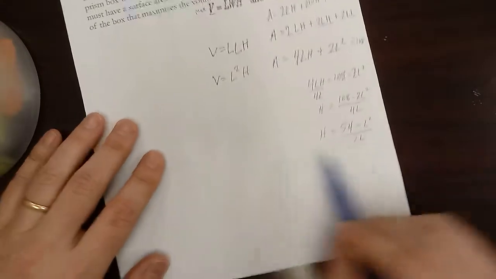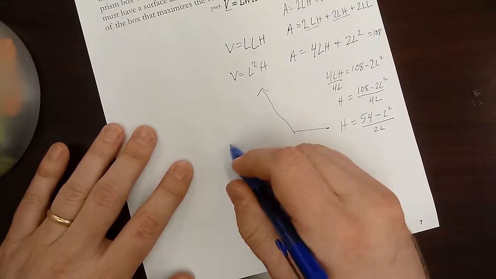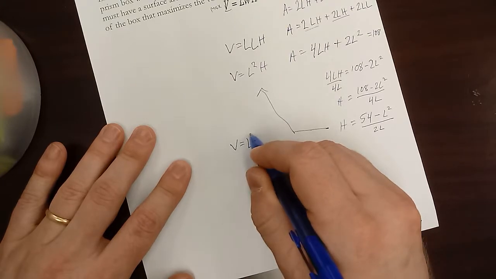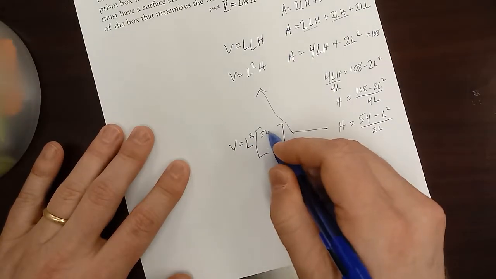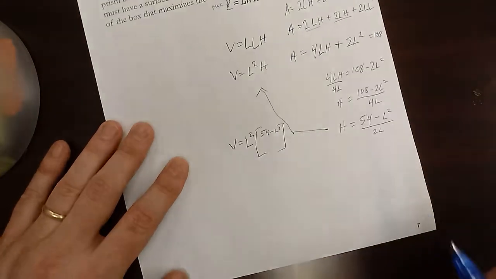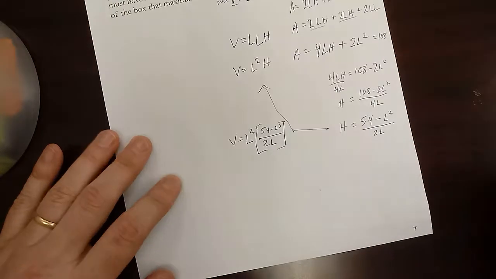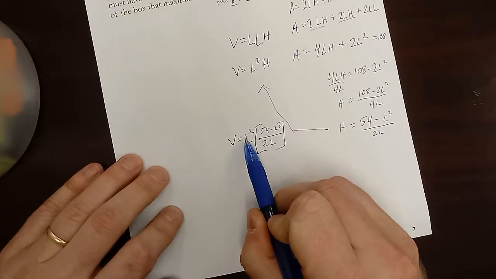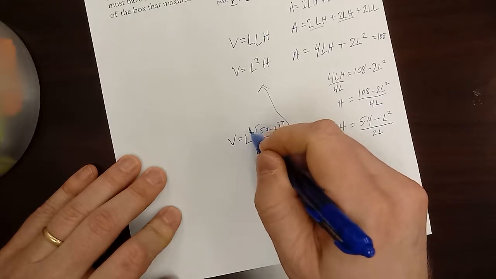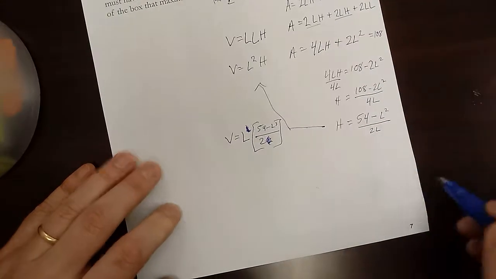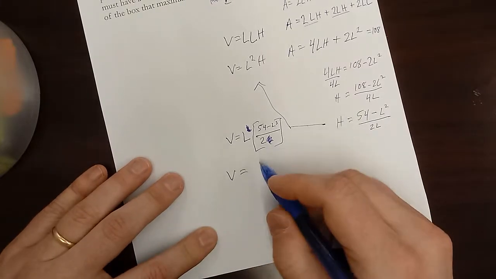So if I plug it in over here, I'll get the volume is equal to L squared, and instead of writing H, I'm going to write 54 minus L squared over 2L. Oh, hey, this is L squared times that, divided by 2L. So I can cancel the L squared and one of the L's.